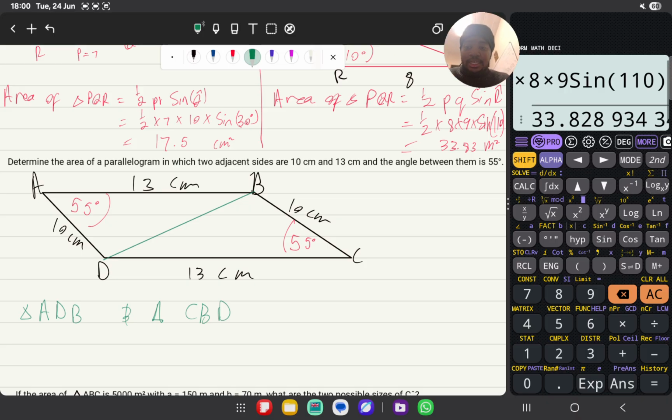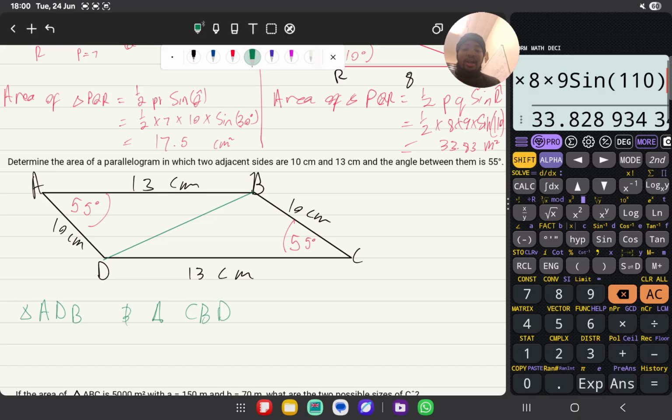So to calculate the area of this parallelogram, we will start by calculating the area of the first triangle, and since the two triangles are identical, the area of one triangle is the same as the area of the other triangle.